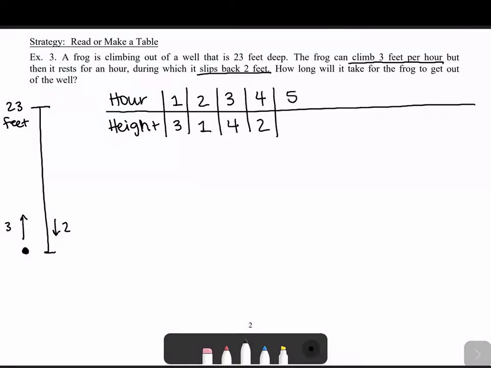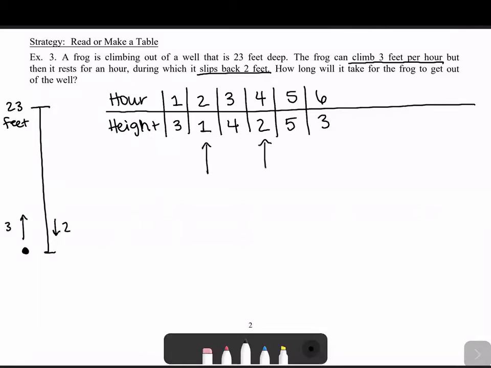In the next hour, the frog goes up another 3 feet. And then in the next hour, it slips back down 2 feet. So we would continue this until we get to 23 feet. But just because it's taking a while to get there, I'm going to notice this pattern: the second hour, it's at 1 foot.